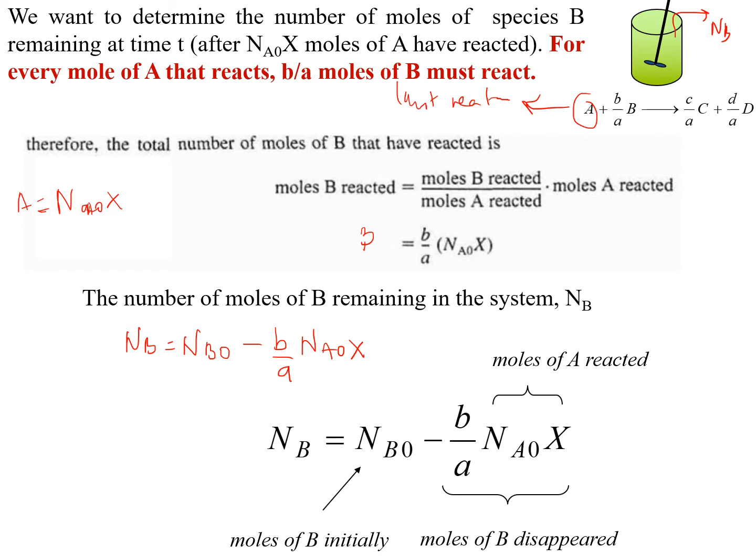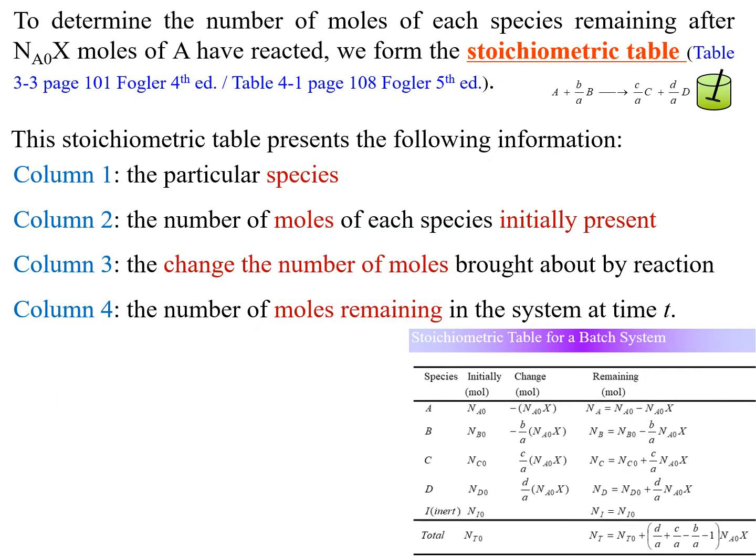For C, NC is equal to NC naught, the initial amount, plus C over A times Na naught X, the moles of C formed per mole of A reacted. And ND is equal to ND naught plus D over A times Na naught X, for the D compound.